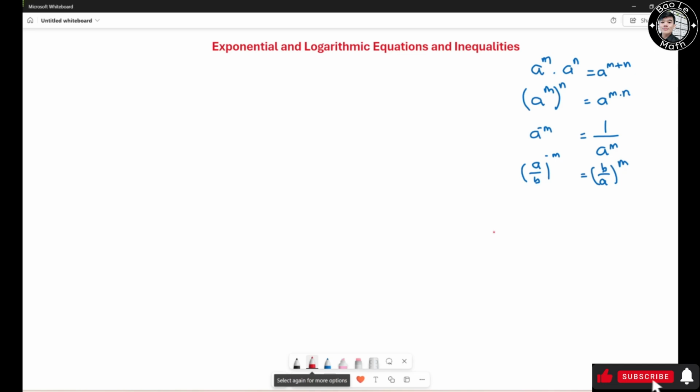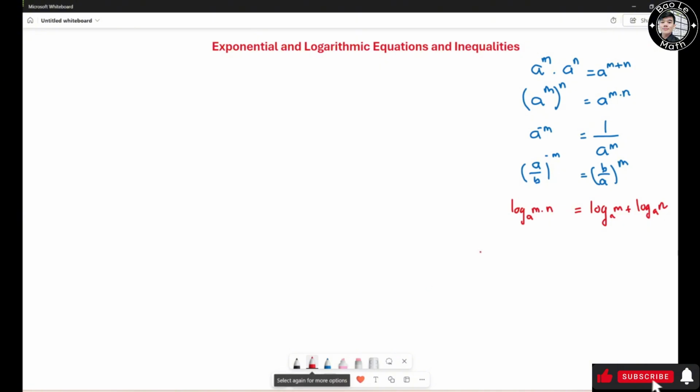Alright, so when it comes to the logarithmic properties, we have the product property. If you have log base a of m times n, this turns out to be log base a of m plus log base a of n.